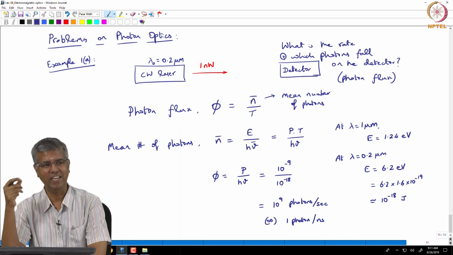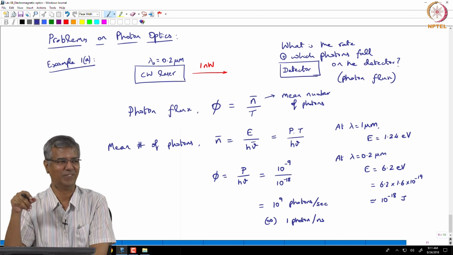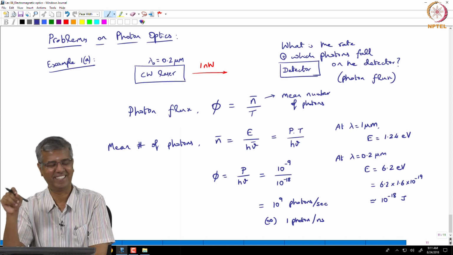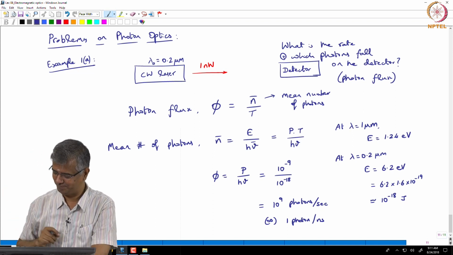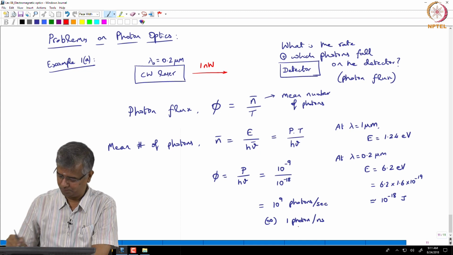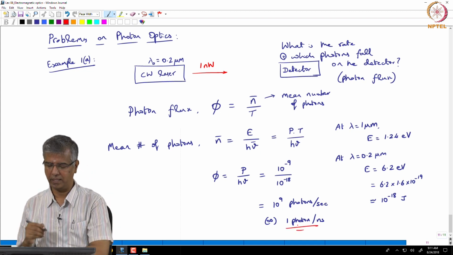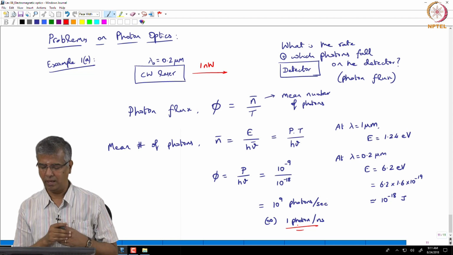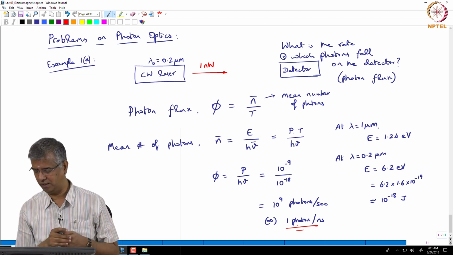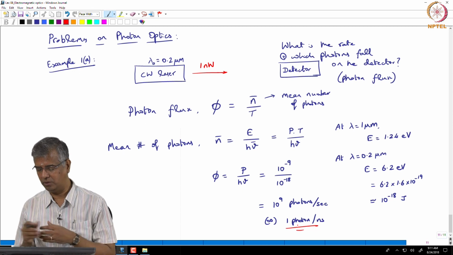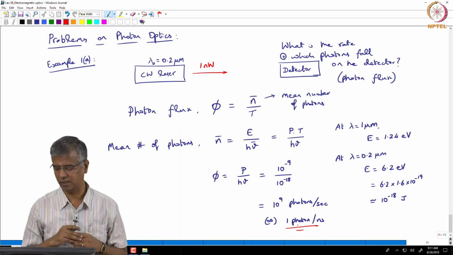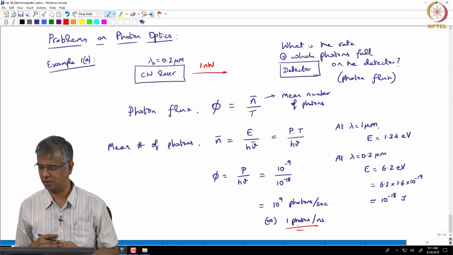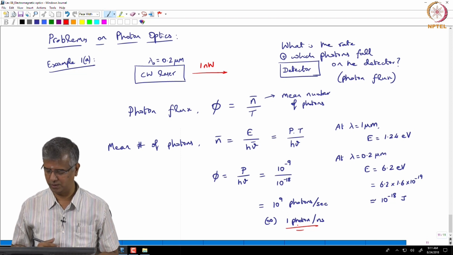That is when you believe, okay, all this is true. There are actually photons that are coming and falling on the detector. Anyway, as far as what we were asked in this problem, we're just converting traditional quantities like power and energy into number of photons and photon density and so on.